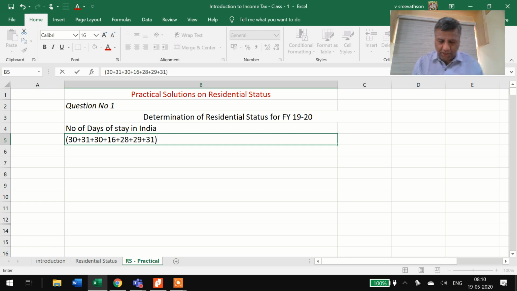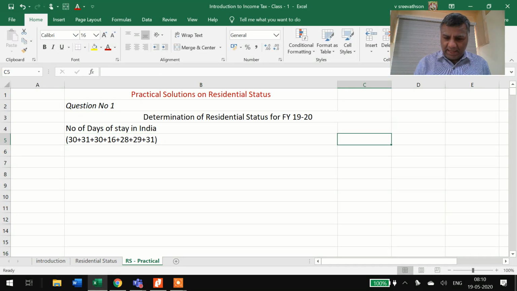Friends, number of days in India: April 30, May 31, June 30, July 16. After that, up to December, nothing. January 28, Feb 29, and March 31 days.